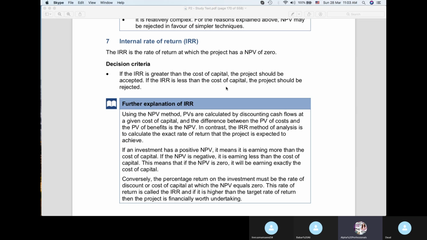If it would be more than 12%, it means that your project is not generating enough returns to fulfill the requirement of your creditors and your shareholders, right?